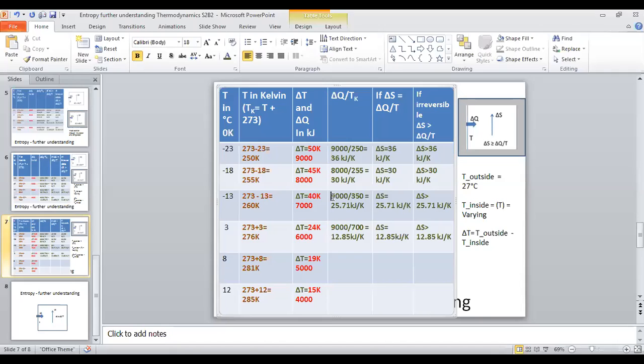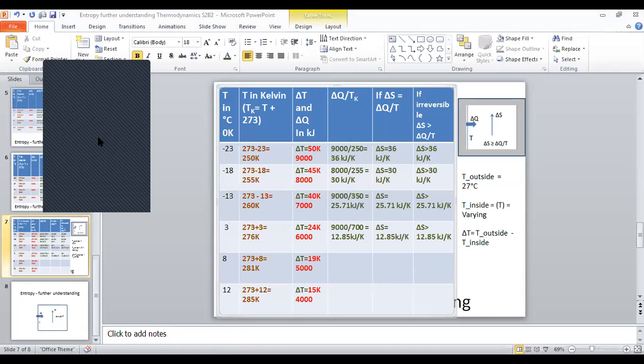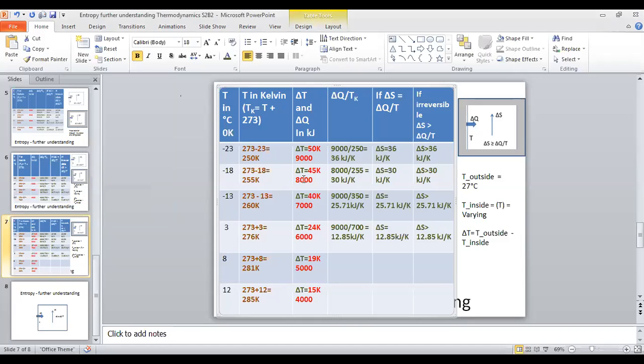Normally the example is 45 by 50 times 9,000. That is 8,100.